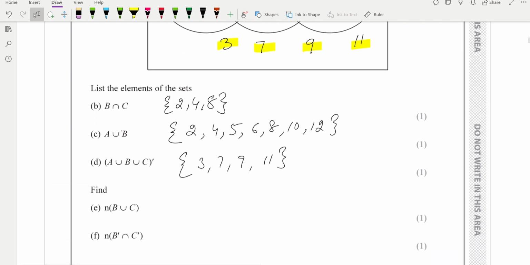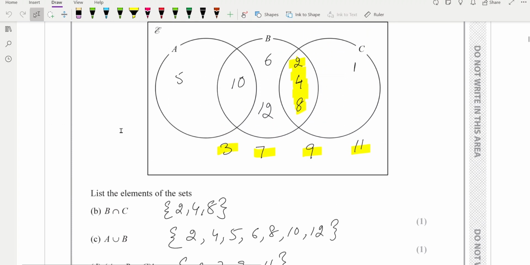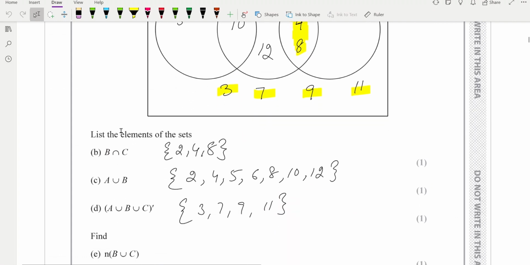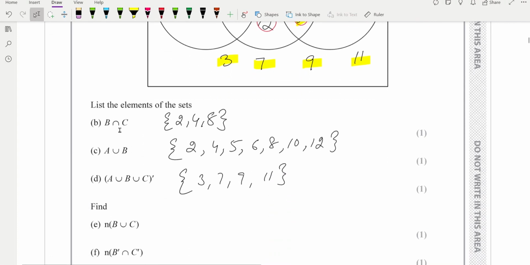Then they are saying find n of B union C. B union C means whatever is in B or in C. These are the numbers 1, 2, 4, 6, 8, 12 and so on, 7 numbers. So n of B union C will be 7. This is also a one mark question.